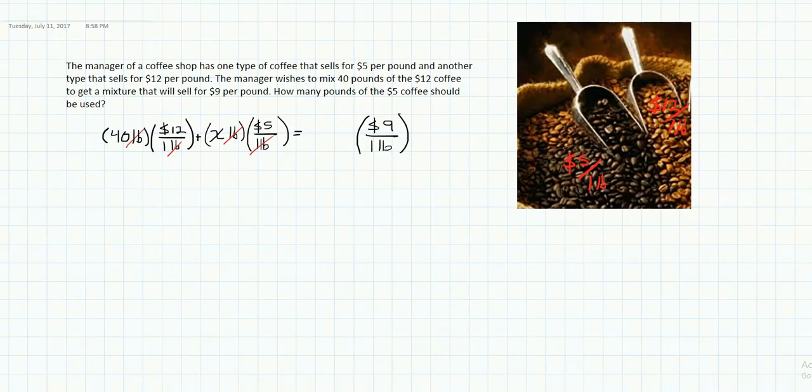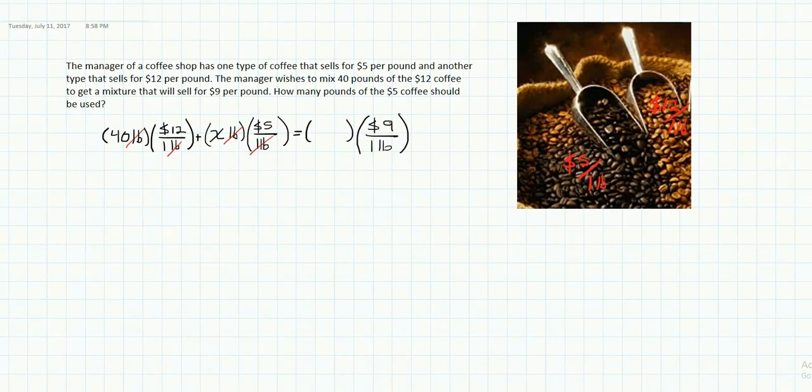But let's think about this. What you do when you take a bunch of spoonfuls like this, a bunch of spoonfuls like this, each worth a certain amount per spoonful, what we've got is a total cost, right? The total cost of this kind of coffee plus the total cost of this kind of coffee. How do we express that on this side? Well, over here, there's a certain amount of poundage.